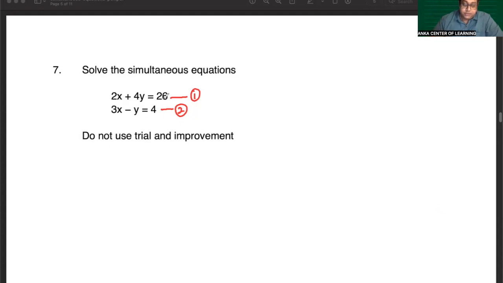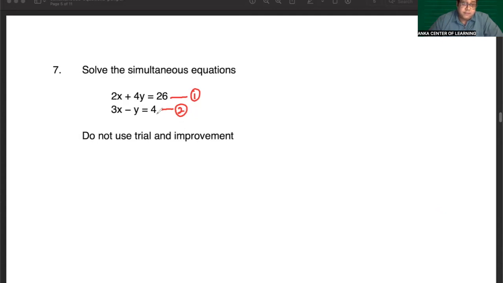So I'm going to introduce a new method that is called the method of substitution. You can still use the method of elimination, not a problem. But I think the method of substitution would be much easier here and much shorter, because if you are to move forward with the method of elimination, you need to make sure the coefficients of one of the two variables would be the same.